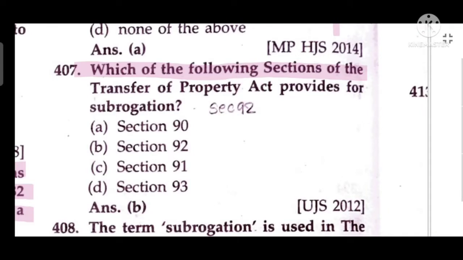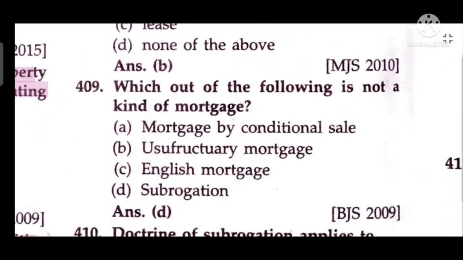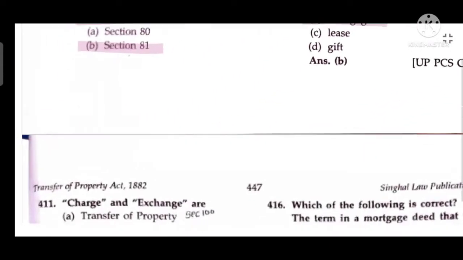Which of the following sections of the Transfer of Property Act provides for subrogation? Section 92. The term subrogation is used in the Transfer of Property Act in relation to mortgage. Which out of the following is not a kind of mortgage? Subrogation. The doctrine of subrogation applies to mortgage.